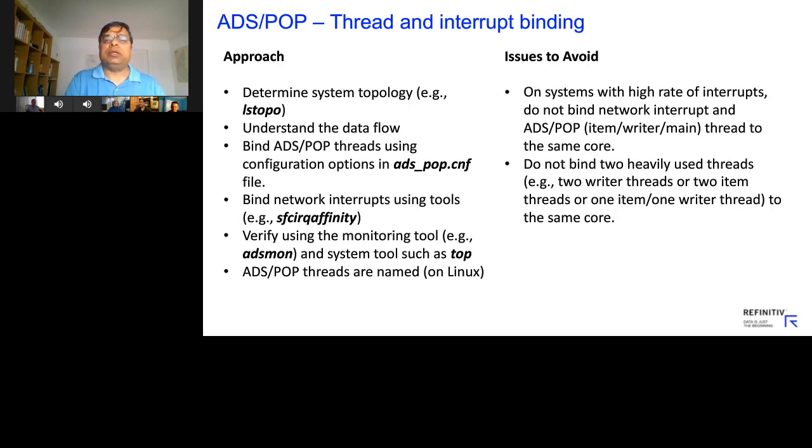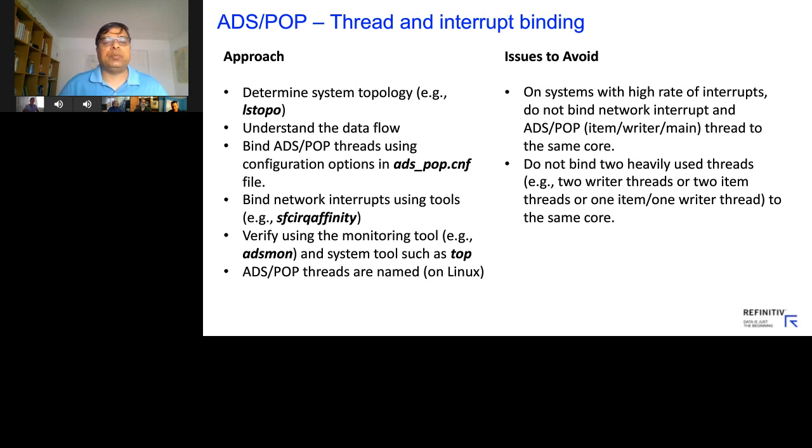So getting to the thread and interrupt binding. The approach is we need to understand the data flow and understand the system topology. The tool to understand the system topology is lstopo. There's also an lstopo-no-graphics option for a textual view of those results. And we can bind all the threads of the ADS-POP through the configuration file.